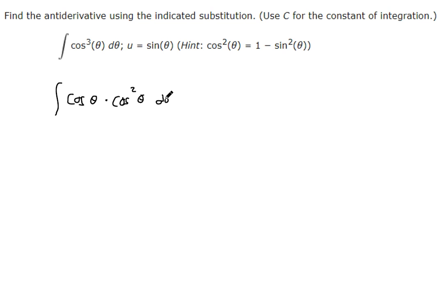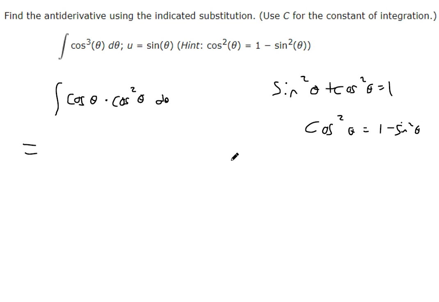That's the same thing, and I've expanded that. That way I can use the Pythagorean identities. We have that sine squared theta plus cosine squared theta equals 1. You can rearrange that identity to solve for cosine squared: cosine squared theta is 1 minus sine squared theta. All right, so that's where they got that substitution from.